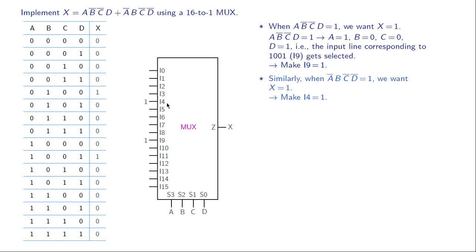And these are the only two minterms. So in all other cases, that is for all other combinations of A, B, C, D, the output must be 0, and therefore we can connect all other input pins to 0, like that. So that is our implementation of this function.